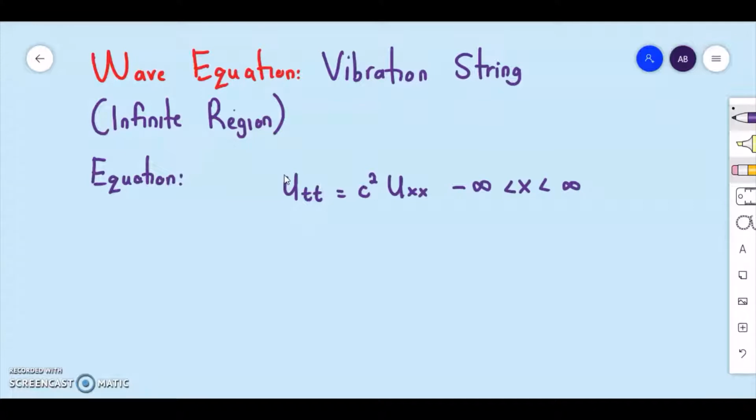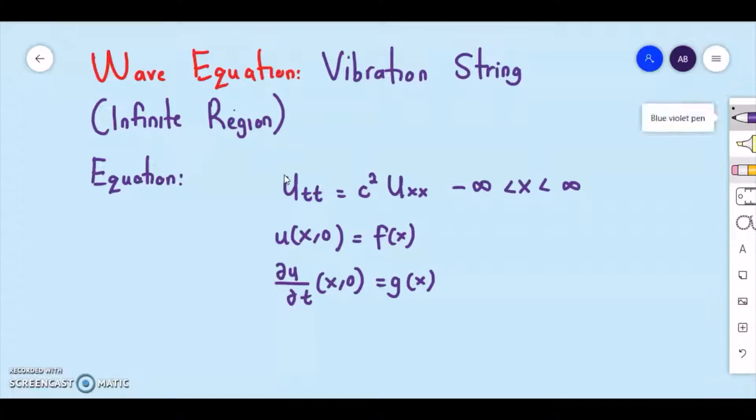The initial conditions are u(x,0) equals f(x), and partial u over partial t at (x,0) equals g(x). So this infinite domain represents vibration of a very long string with initial displacement and initial velocity.